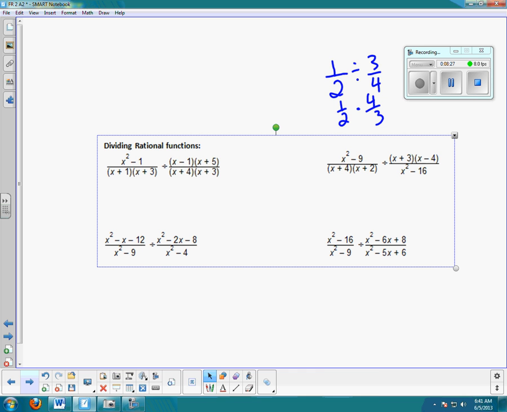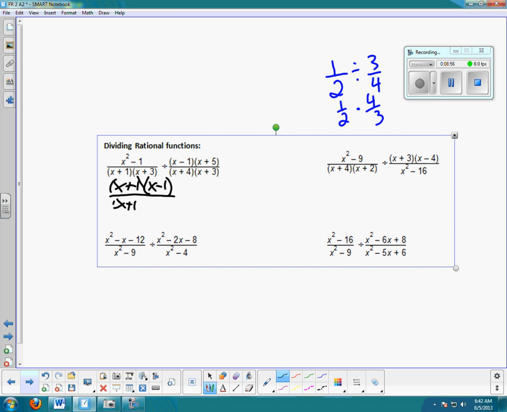So the first problem, it's almost completely factored except the top of the first fraction. And since the first fraction stays the same, I'm going to go ahead and factor this right as it is. x plus 1 times x minus 1. And hopefully you recognize this because x squared is a perfect square, 1 is a perfect square, and x squared minus 1 is a difference of squares.